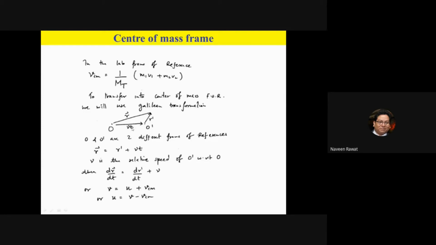Now if I am trying to locate an object at this position, and I measure it from this frame of reference, I get a value r, that is my position vector. When a second person measures from O prime, he will measure a different value, and that value will be r prime.